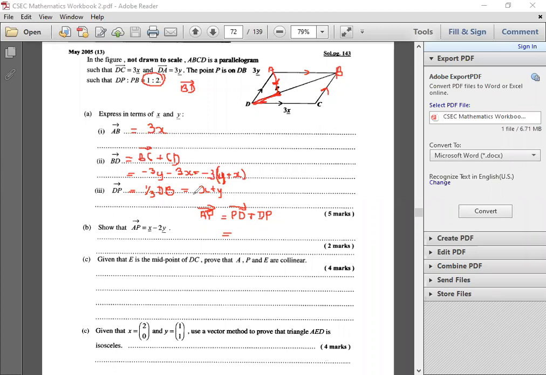Yes, we calculated DP as this. So this is going to be negative x minus y.